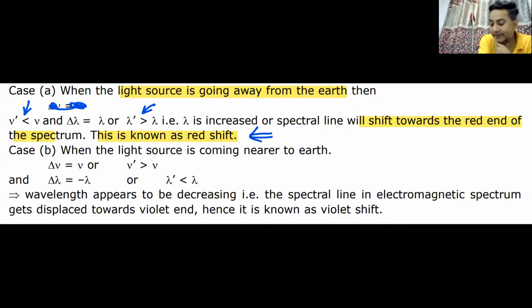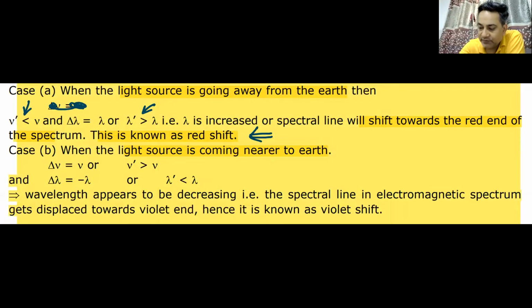Let's move ahead and see what will happen if the light source or the star is moving towards us or we are moving towards the star. The frequency will be more or the wavelength would be less. The wavelength will be decreasing.